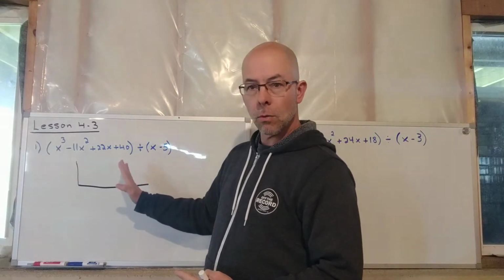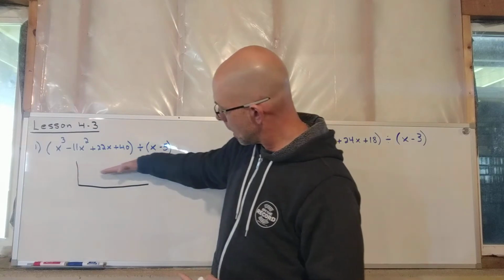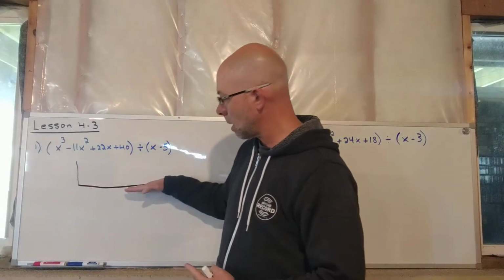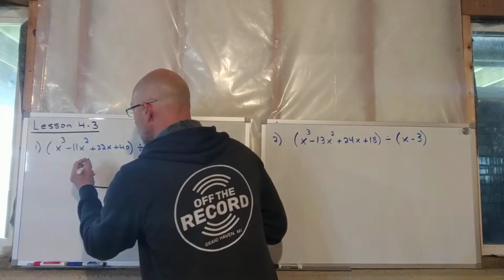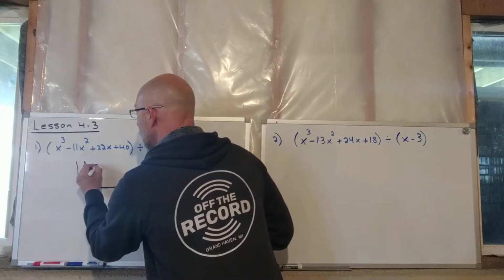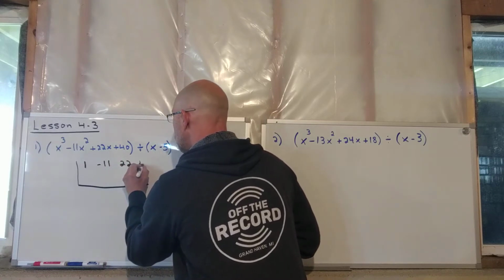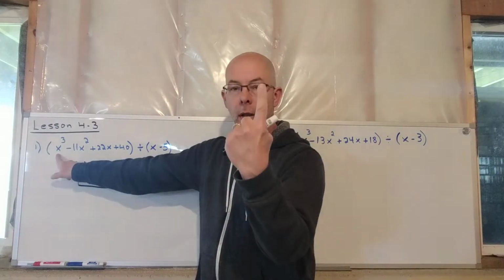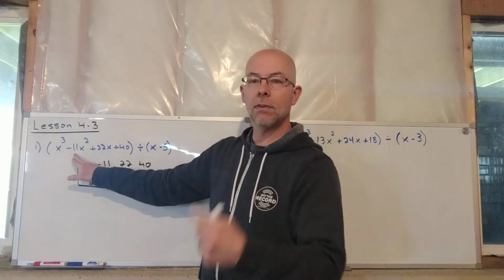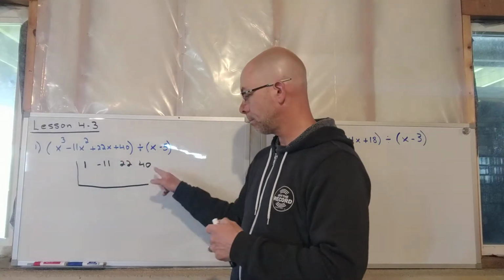When you do this on notebook paper, this should be one line of notebook paper, and this should be the other line. So here you put the numbers 1, negative 11, 22, 40, representing 1x cubed, negative 11x squared, 22x, 40.